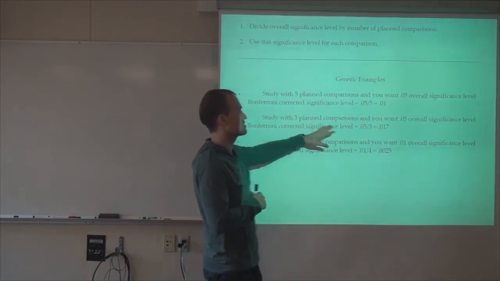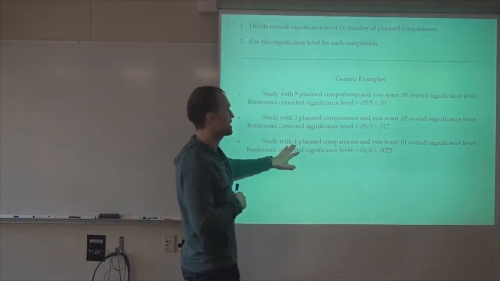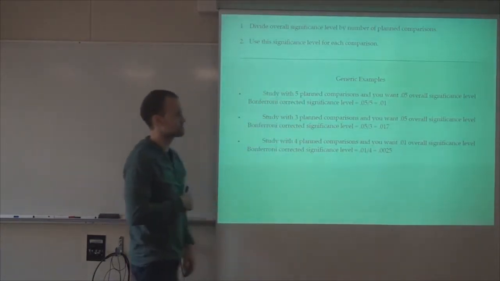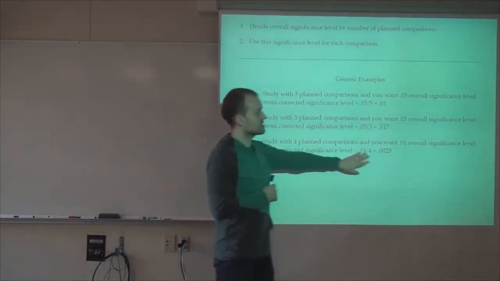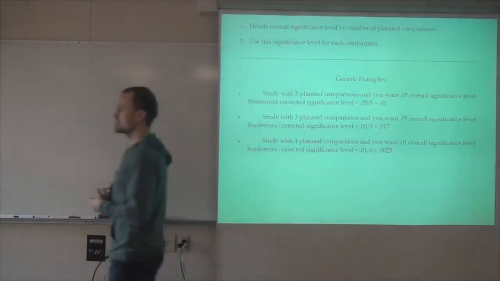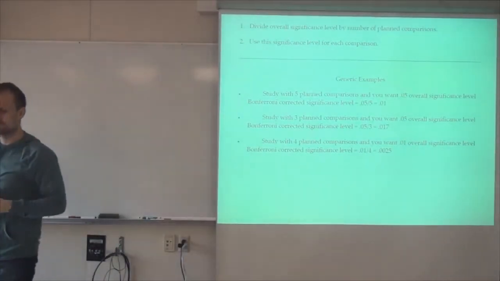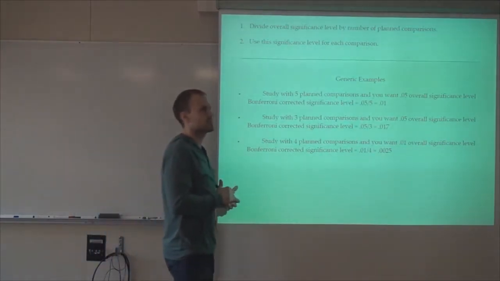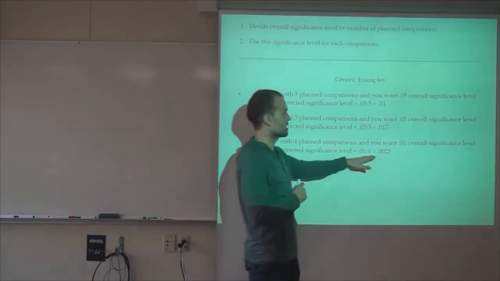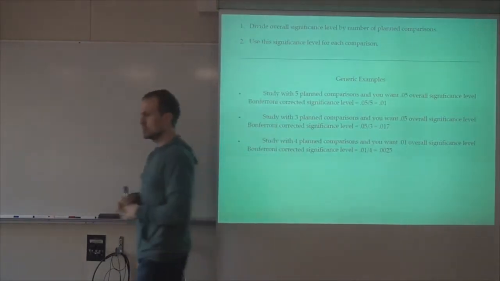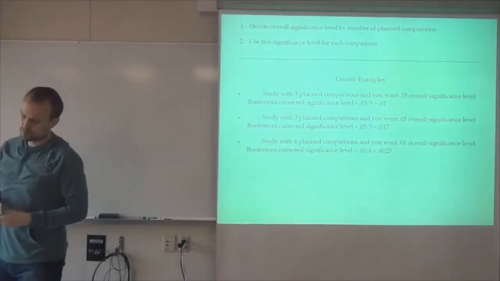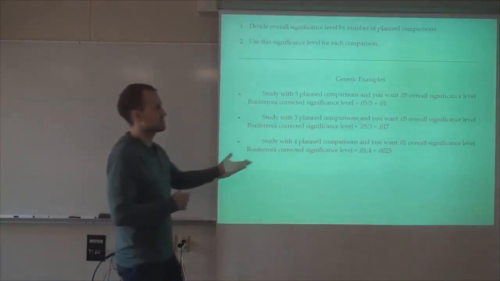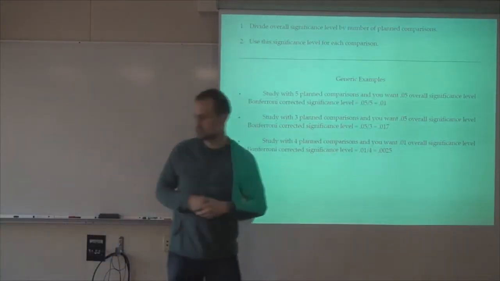3 planned comparisons, I would divide by 3. 4 planned comparisons with an original alpha of 1%, divide by 4. Now when you look at this and think about it for a second, you might say, well, if I have a lot of these, I might not ever reject anything, because now my cutoff is so extreme that, yeah, overall I want to be safe and not make the wrong decision, but I'm never going to reject anything at this rate.